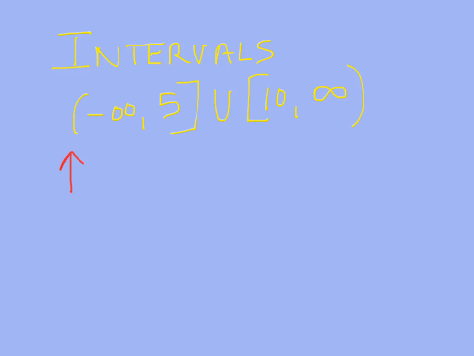So the parentheses here means not included. So we do not include negative infinity. In fact, negative infinity and positive infinity never have a bracket on it because they are never included, because they do not end. Then we would go to 5. That means we would include the value 5. We would also include the value of 10.